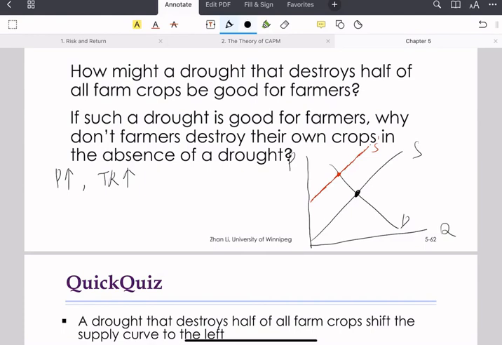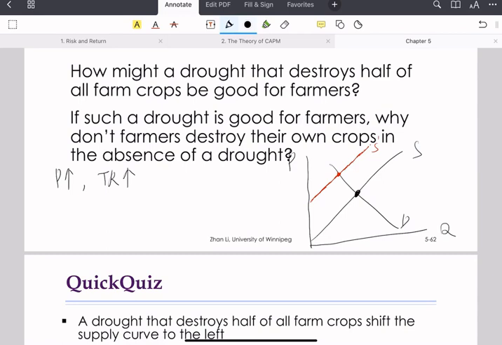However, you will never want to destroy your own crops, because by destroying your own crops, you have nothing to sell, even if the market price is higher. Basically, the answer is you would wish other farmers to destroy their crops, but you would want to keep your crops.